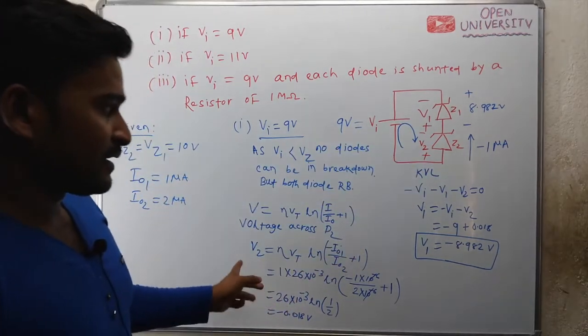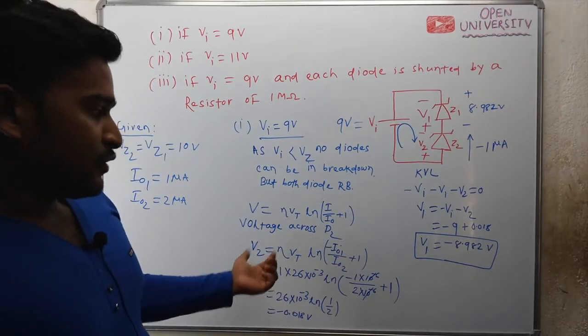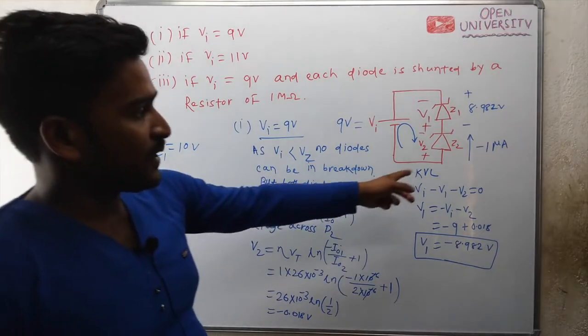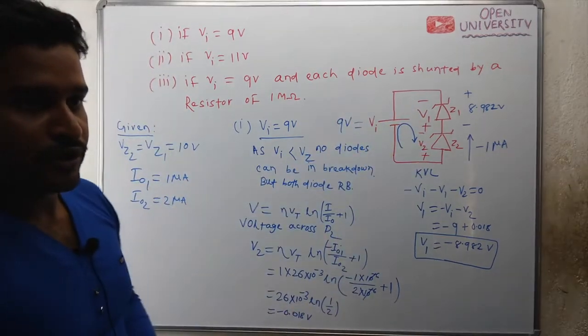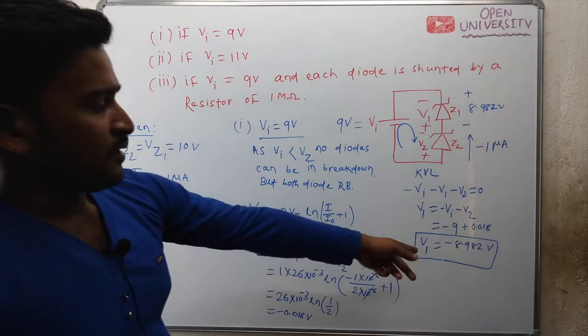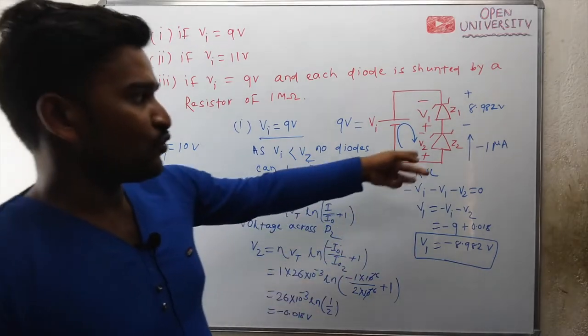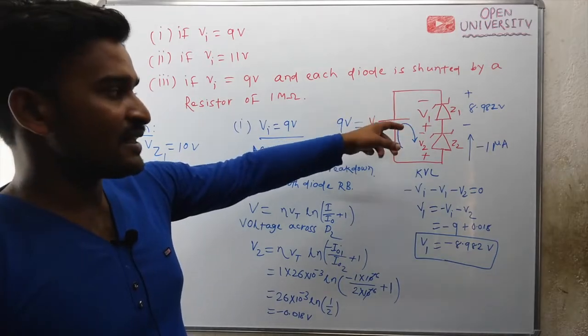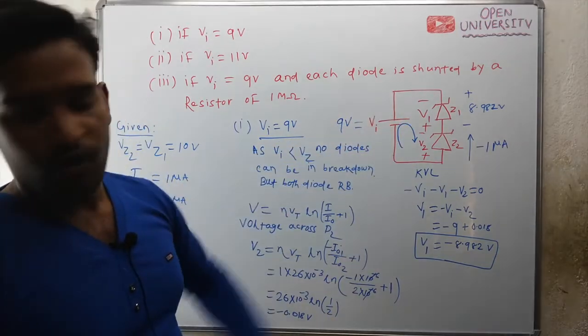Then I apply KVL to get the voltage across the other diode. From the values of V1 and V2, we conclude that since the voltage across each diode is less than their breakdown voltage, both the diodes are off.